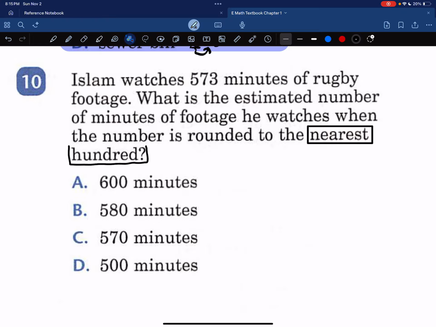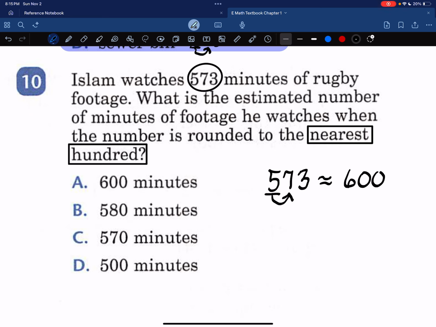And then we always want to mark any numbers that we see in our problem. And there's 1. So I will take the 573 and I will round that to the nearest 100. And the neighbor says to round up. So we're going to go with 600 minutes. And that is answer A.